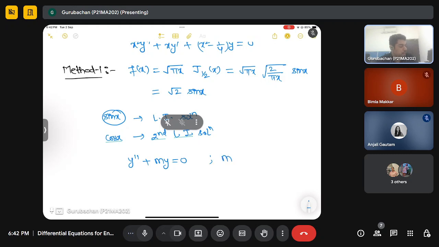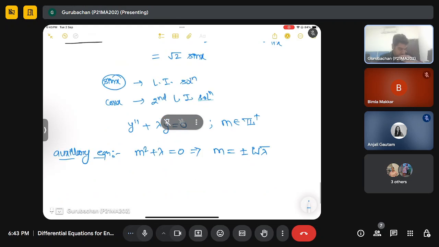Here m is any positive integer. Then let me write lambda. So m square plus lambda will be 0. This will be my auxiliary equation, which has root m equal to plus minus.